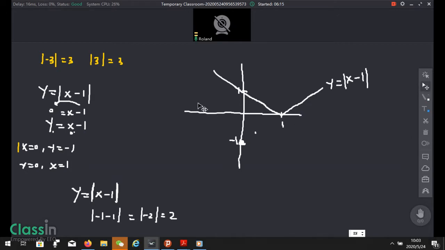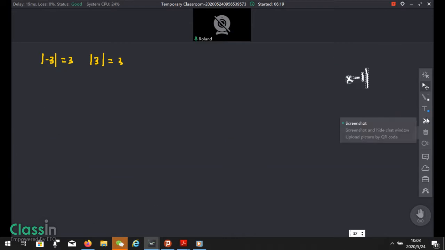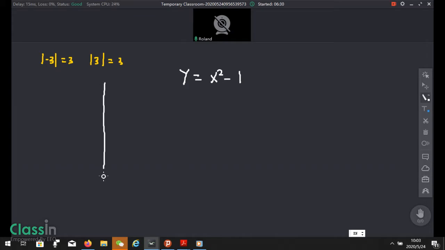Take another example. If you have y equals x squared minus 1, this is a parabola. This is x, this is y. We know when x is 0, y will be -1.